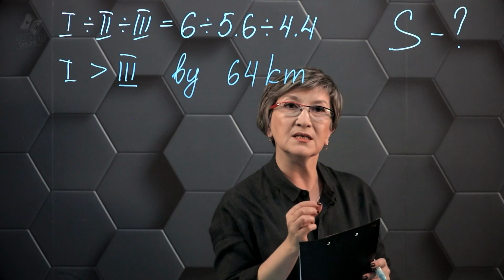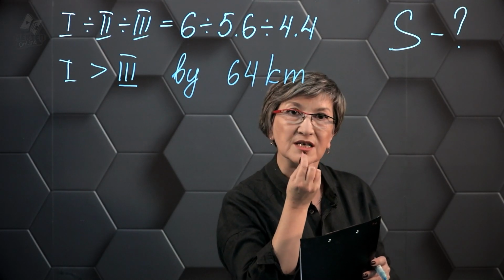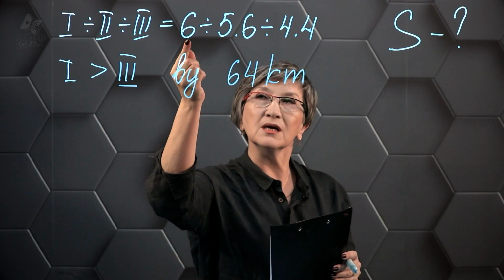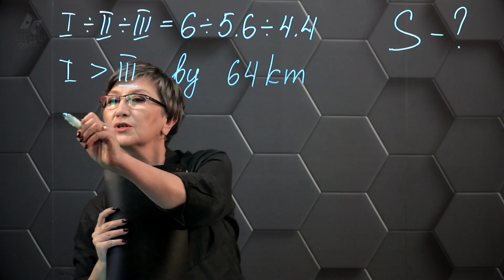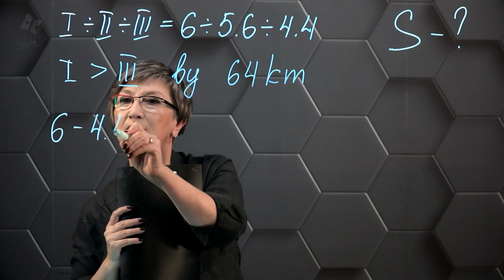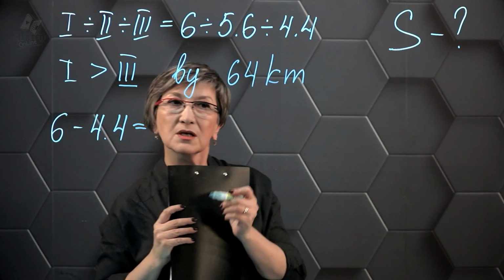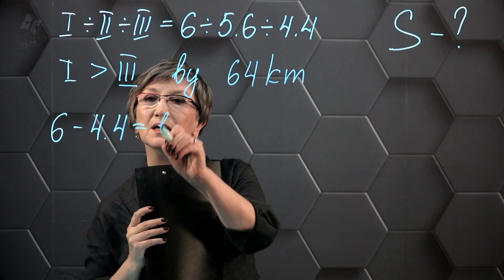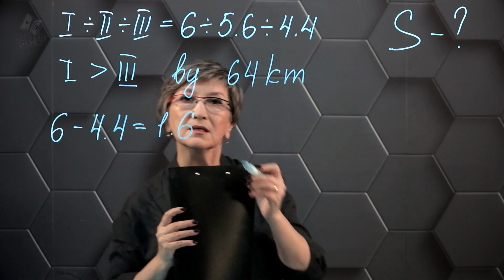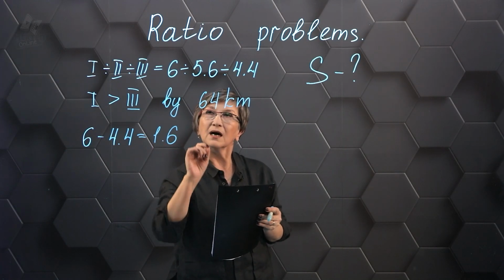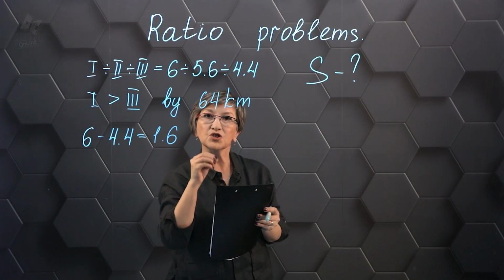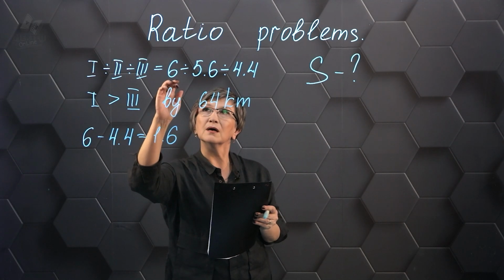And in order to find out what one part of a kilometer is, we have to subtract from 6 take away 4.4, and then 6 minus 4.4 is 1.6 tenths is the difference between the parts they traveled on the first day and the third day.